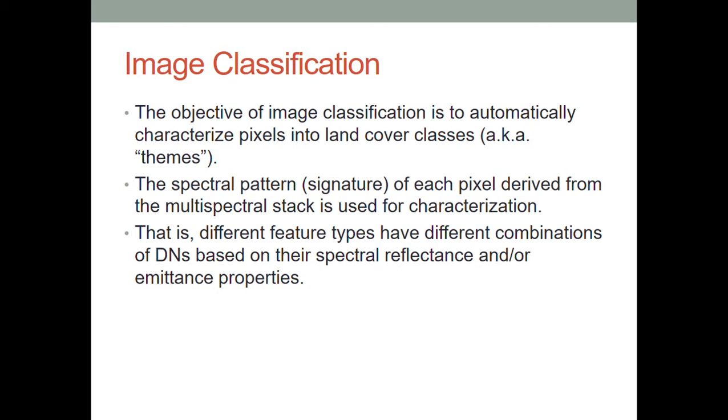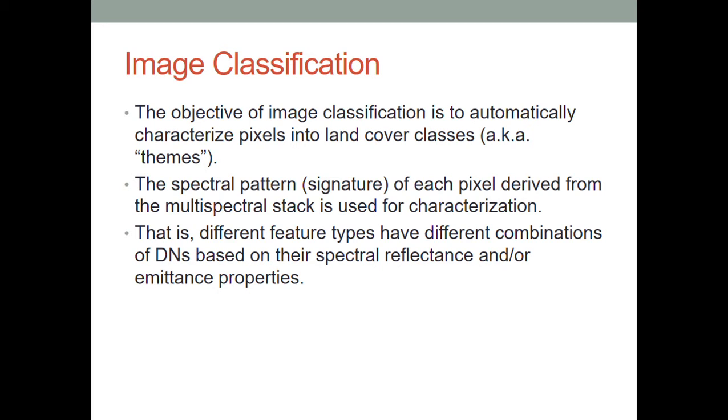Okay, and the spectral patterns or signature of each pixel derived from the multispectral stack is used for the characterization. So what we see is a spectral pattern that differs for different features such as vegetation, urban, water, forest, and so on.